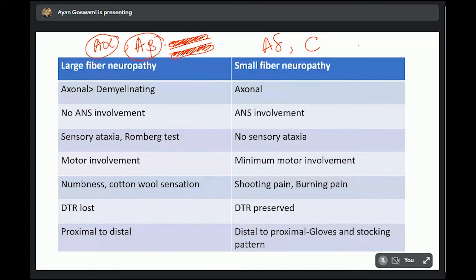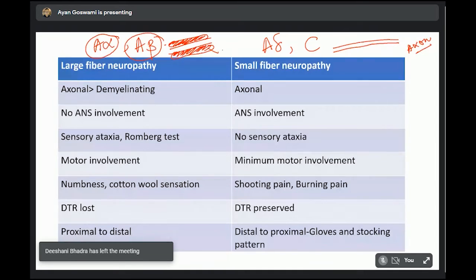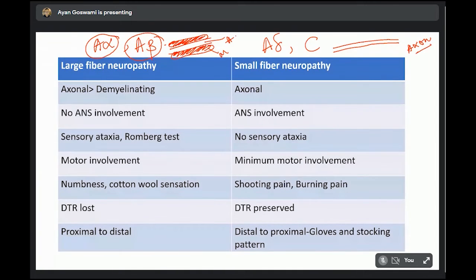But A delta and C have least myelination or no myelination, only the naked axon. So A alpha and A beta might be damaged due to demyelination or axon damage.